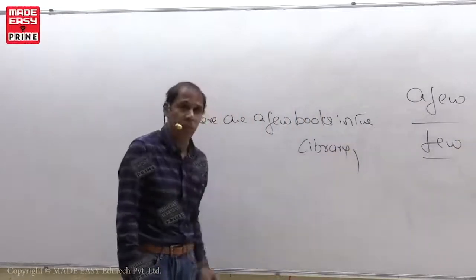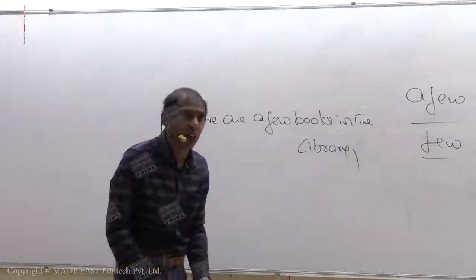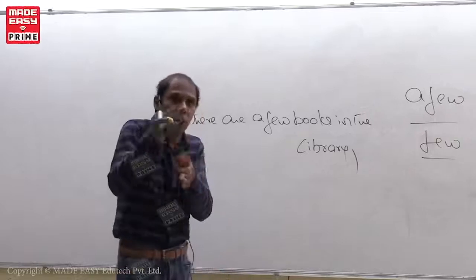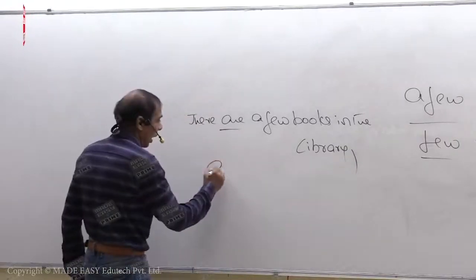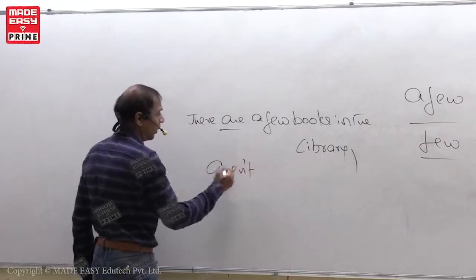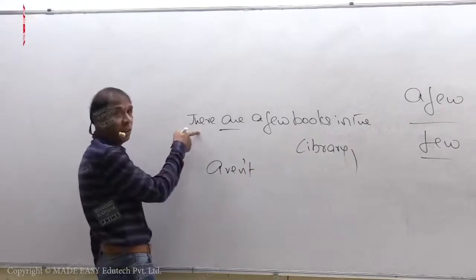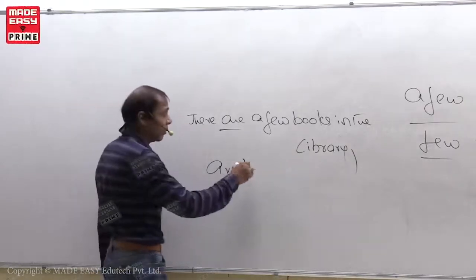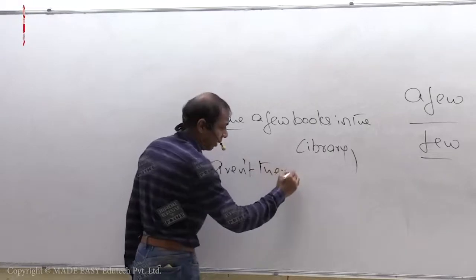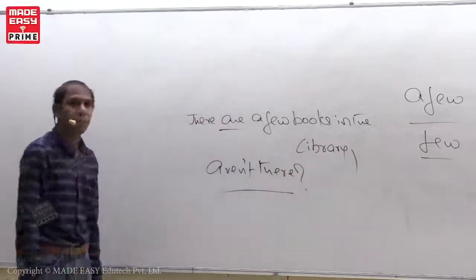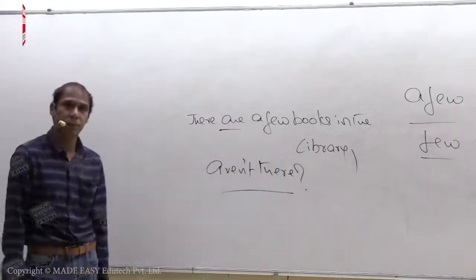This is a positive statement, so the question tag must be negative. Negative means put not after the special verb. Are not, short form, aren't. If the sentence begins with there, that only comes again in the question tag. Aren't there?